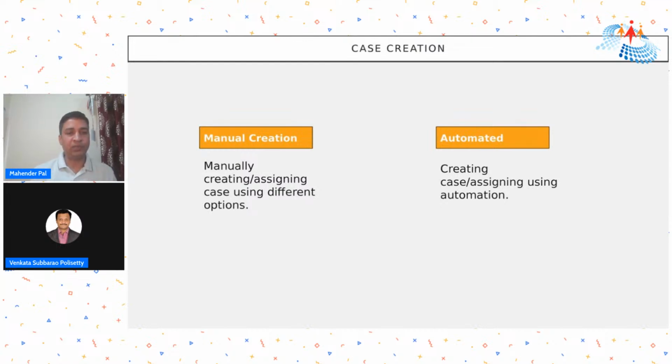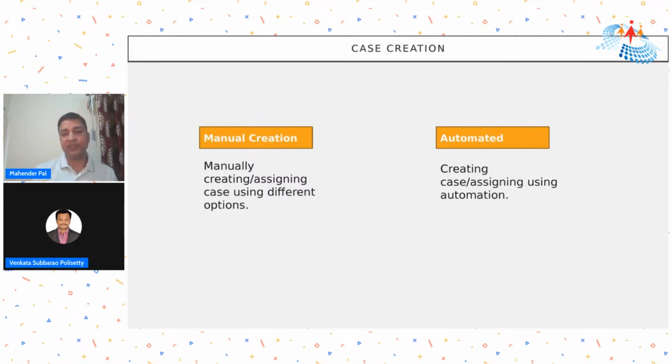One is manual case creation, where we get the information from the customer and manually create the case and assign it to the available agent. That's a typical scenario, but it doesn't happen most of the time, because we use an automated approach.